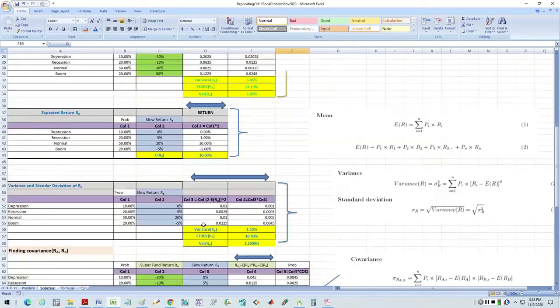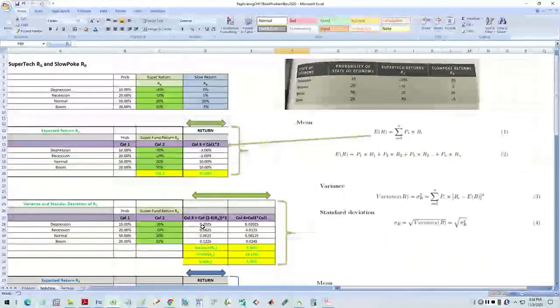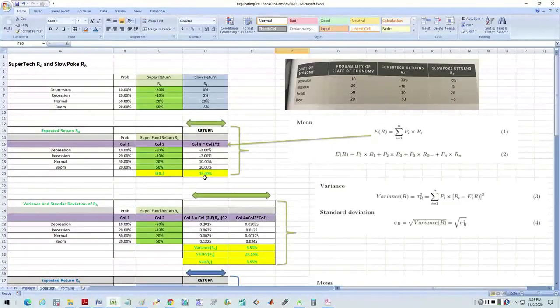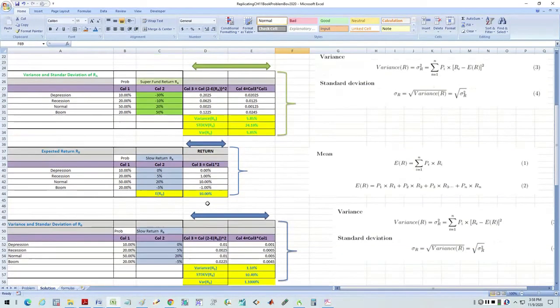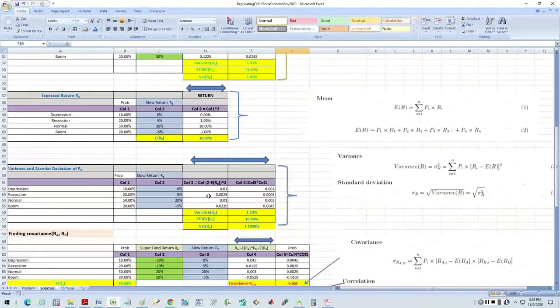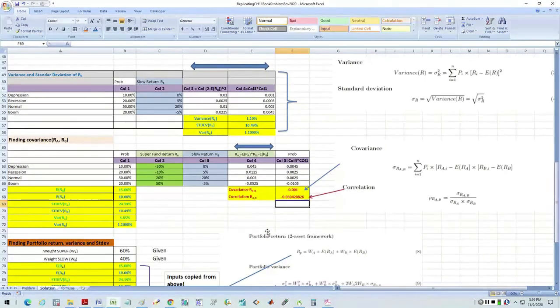Okay, so we're done with calculating the E of RA, which was 15%, the standard deviation of RA, 24.19%, variance of RA, 5.85%. We have calculated again the E of RB, 10%, variance of RB, 1.1%, standard deviation RB, 10.49%, and also found the covariance and the correlation.